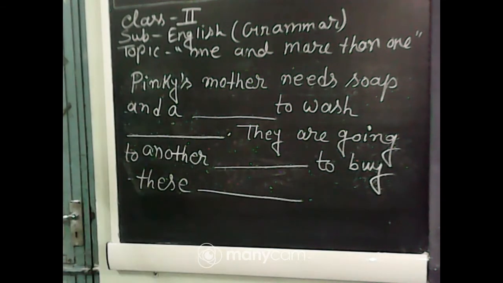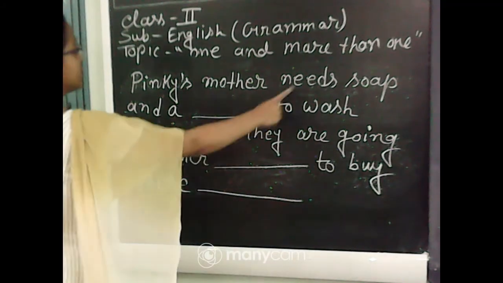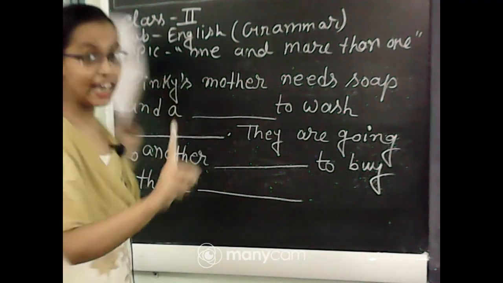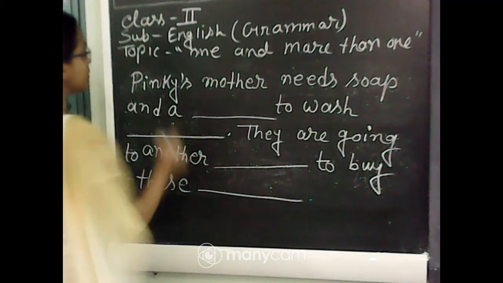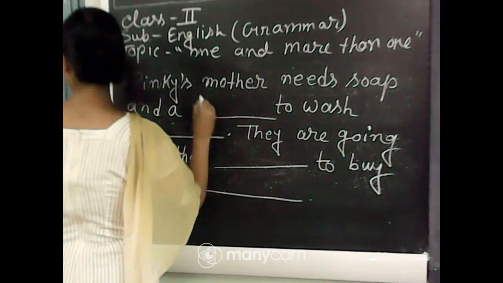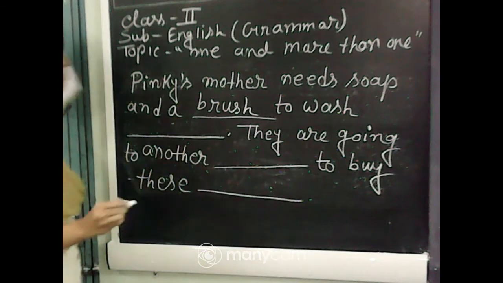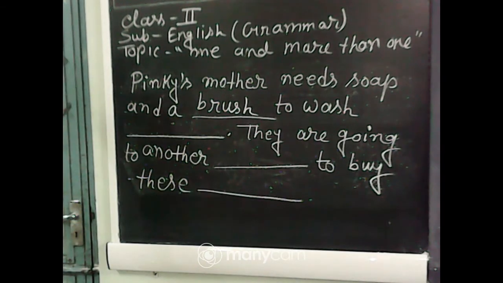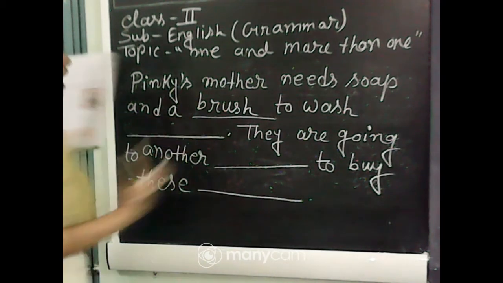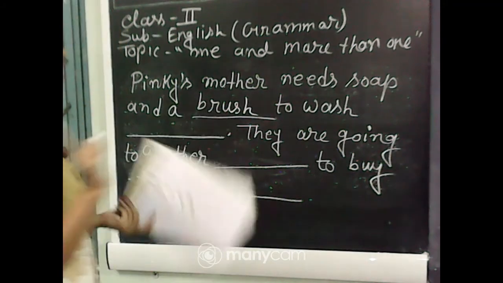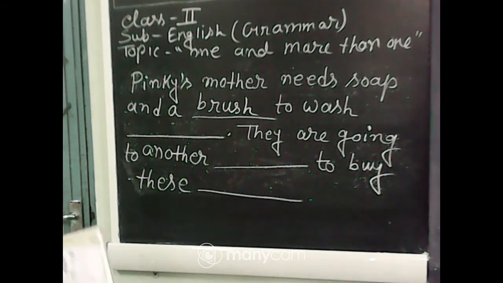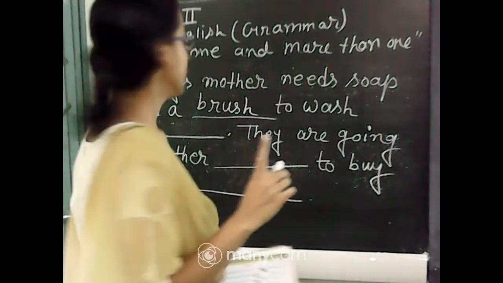Like Pinky's mother needs soap and a. There is a. A means one. A brush. Pinky's mother needs soap and a brush, that is one brush. So we have to keep it like one.